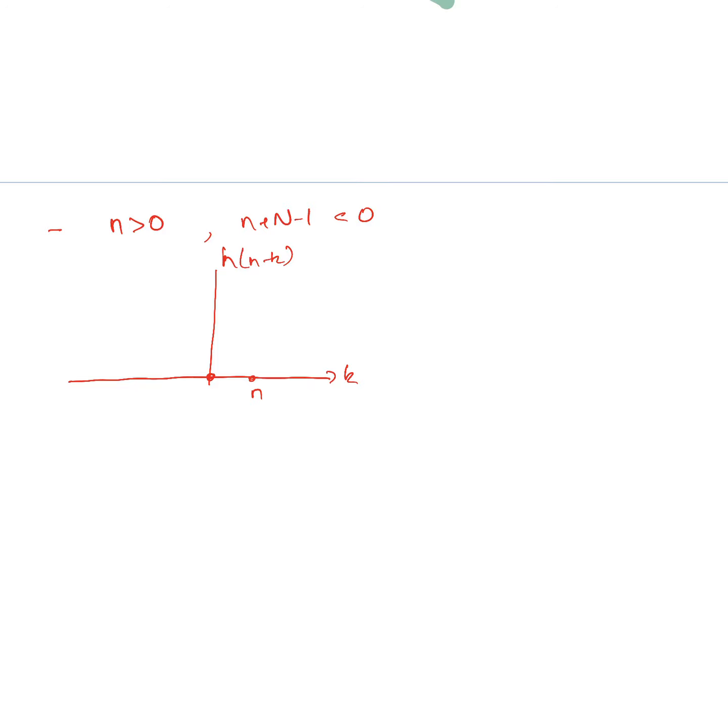So n is positive, but your n plus n minus 1 is negative, right? It would be something like this, your h of n minus k, right?